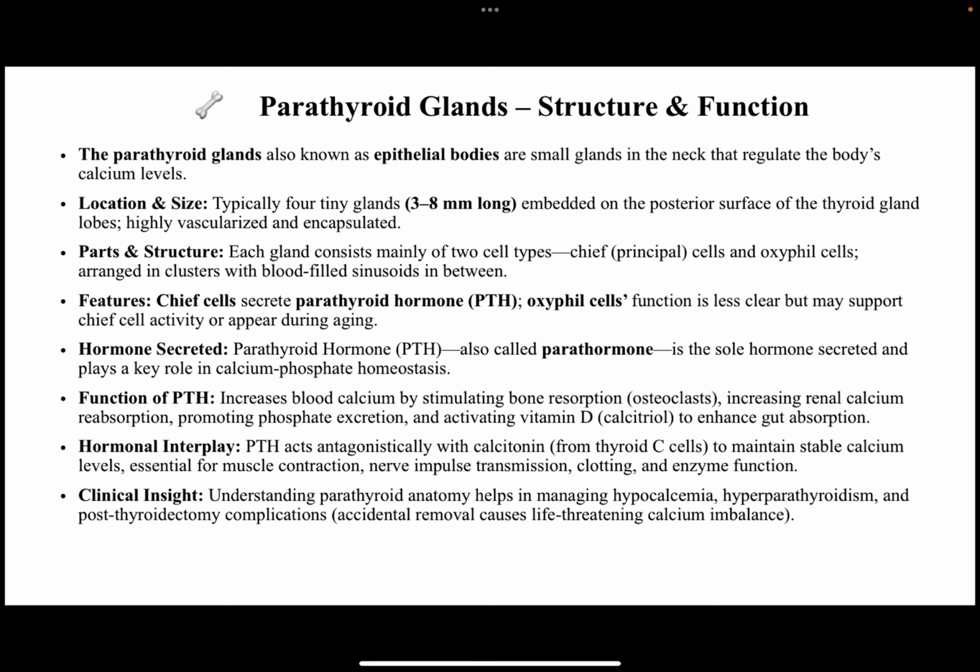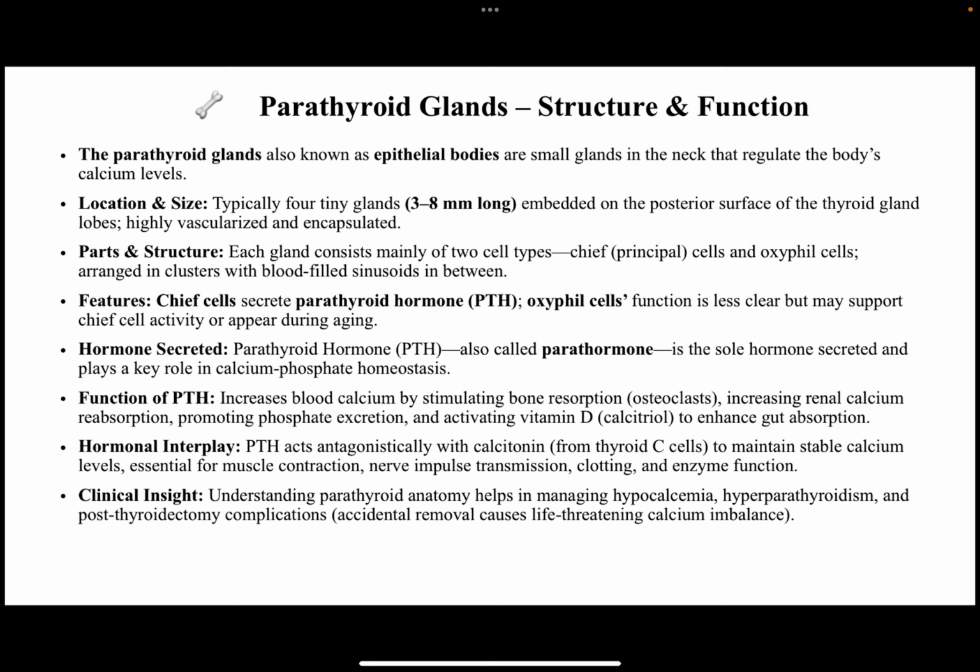Now, it's the chief cells that secrete the parathyroid hormone, and the function of the oxyphil cells is less clear, but it also supports the chief cells, or principal cells, in producing the parathyroid hormone.